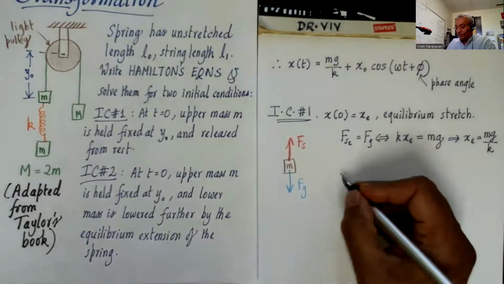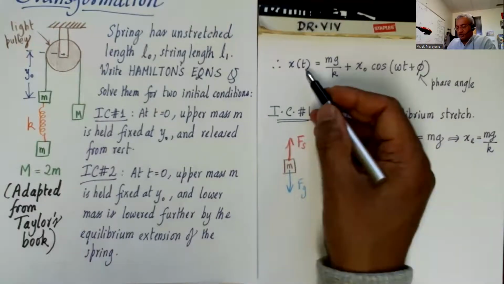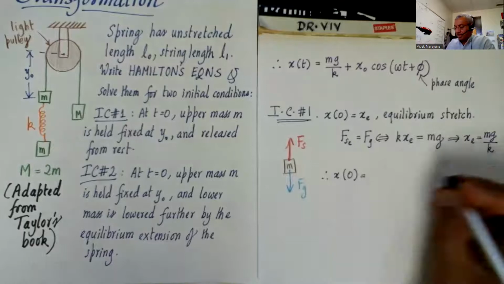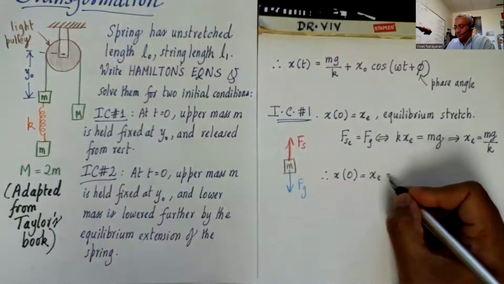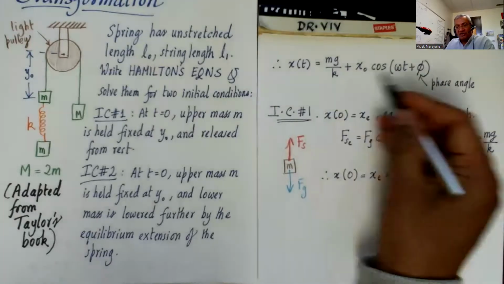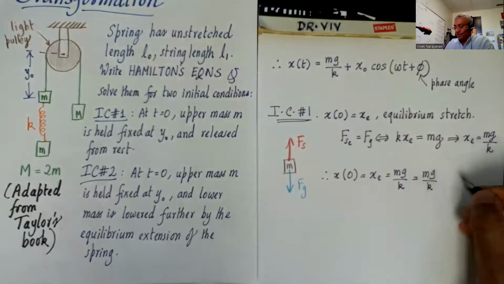So now we can write our full solution. Therefore, let's implement the initial conditions. X of 0, which is x sub e, which is mg over k, is equal to that with t equals 0. So that's going to be mg over k plus x naught cosine phi.